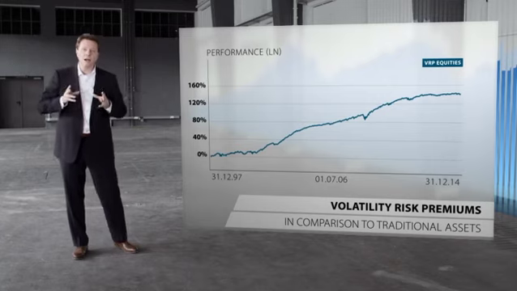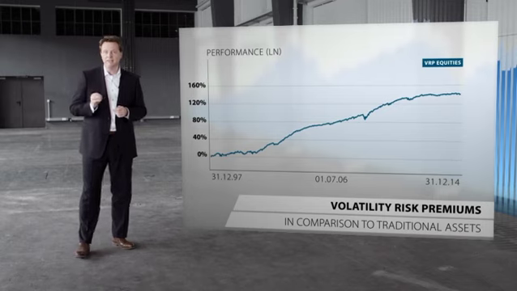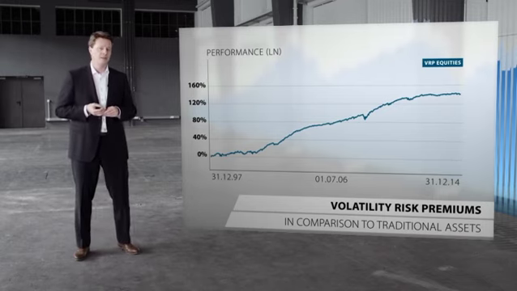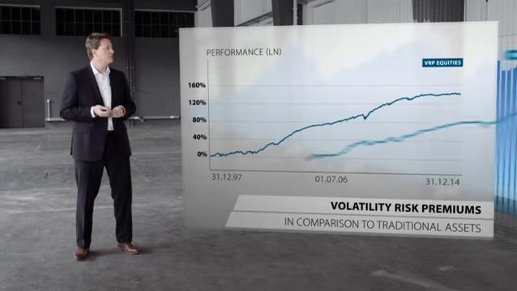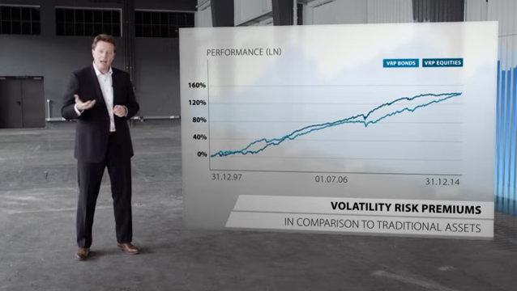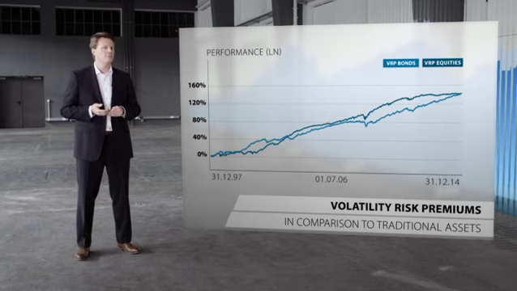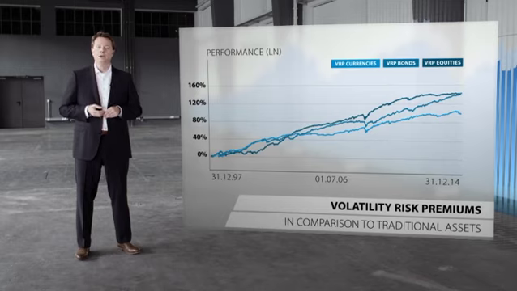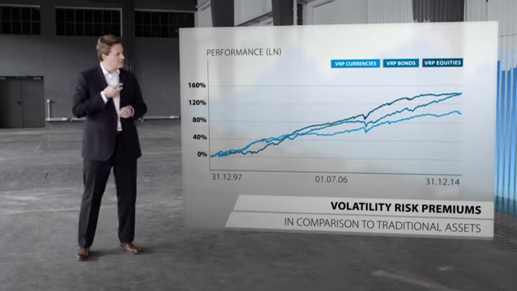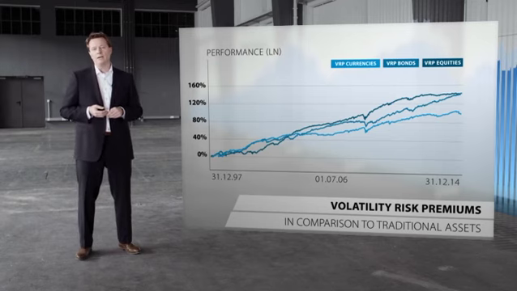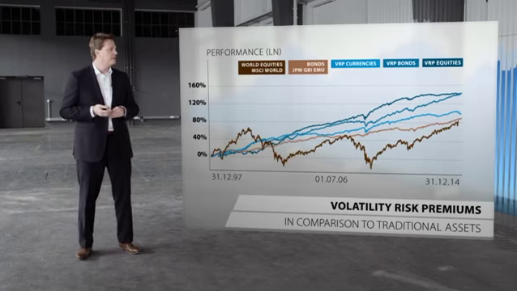However, I'm quite puzzled about the fact that in our industry, the volatility risk premium in other asset classes is only rarely discussed. Let's change that. This is the volatility risk premium of bonds. It's exactly the same process, but with bond futures instead of equity indices as underlyings. Or the same with currencies. And probably most interestingly, is to compare the performance of volatility risk premiums with the performance of the traditional assets like those that you most certainly already own.